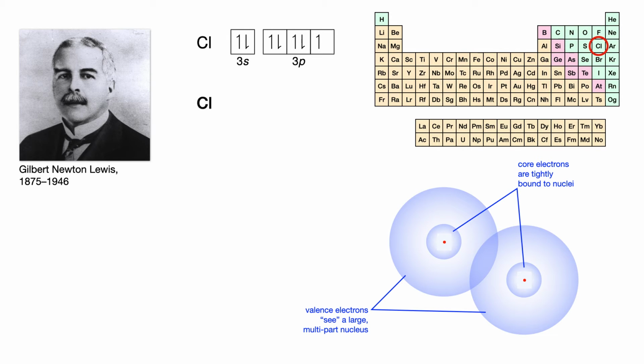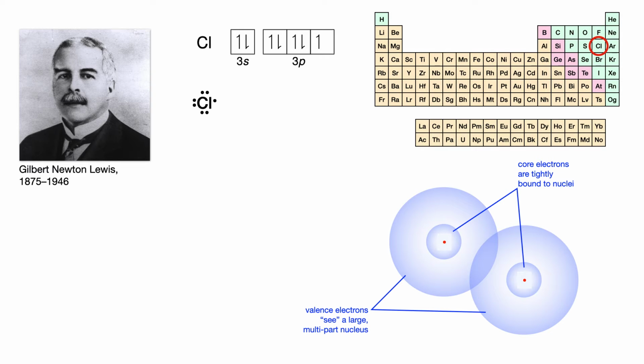So the idea is that chlorine has a nucleus with a bunch of protons in it, and then there is a core of electrons that is tightly attached to the nucleus, and then on the periphery of the atom, on the surface of the atom, are these 7 valence electrons, and we can represent them just by putting dots around that atom.